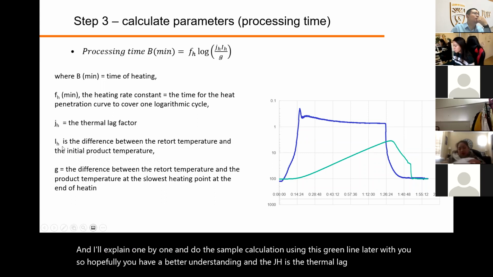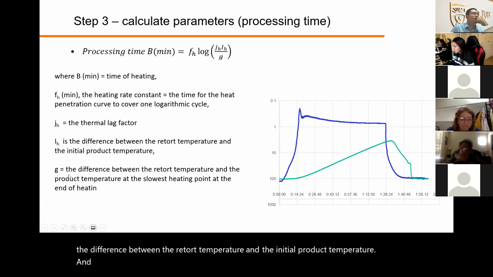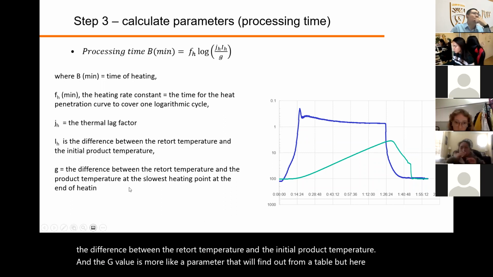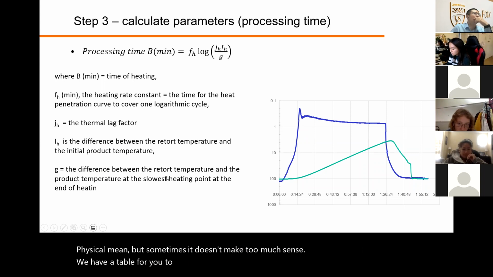And the IH is the difference between the retort temperature and the initial product temperature. And the G value is more like a parameter that we'll find out from a table. There's some physical meaning, but sometimes it doesn't make too much sense. We have a table for you to look up for the G value.